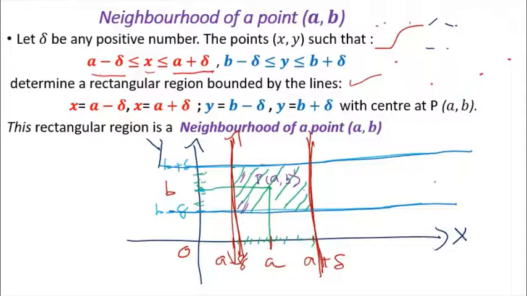The region which lies in this rectangular region is called the neighborhood of the point (a, b).